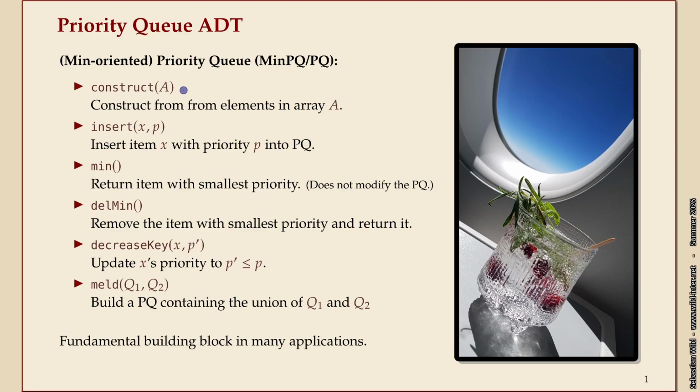So you can construct a priority queue from some given set of elements, which often is more efficient than doing repeated inserts. That's at least true for binary heaps. The aim will be to make inserts so fast that it doesn't make a difference. But fine, you can still keep this operation. Then the other important operation is decrease key.